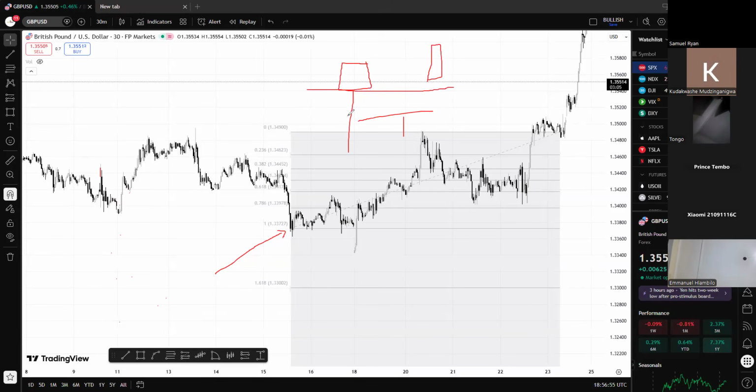Because wicks are just evidence that price moved here but didn't end up getting as strong as it's supposed to be. So I'm more concerned about this price. In as much as you see that I might have been a little bit over here, it doesn't mean I was considering this area as my low. I actually was considering this one.